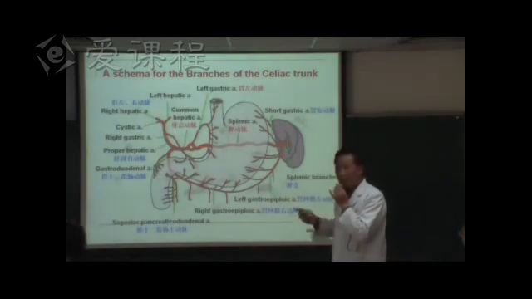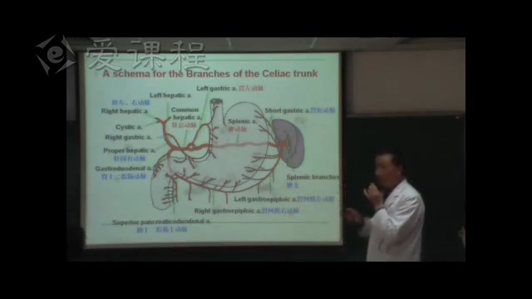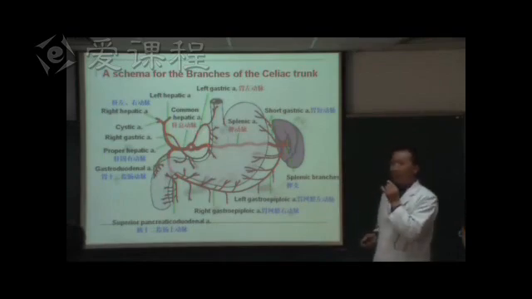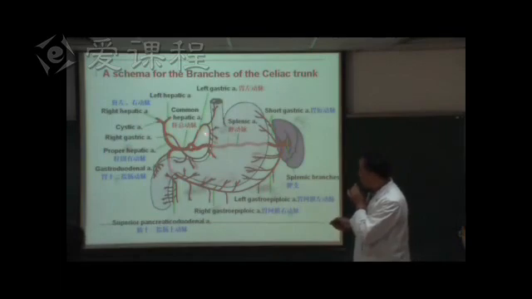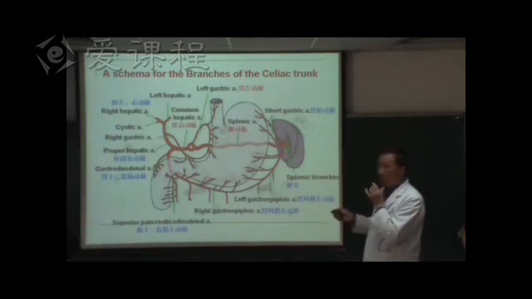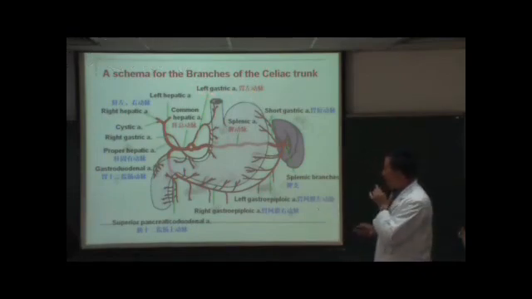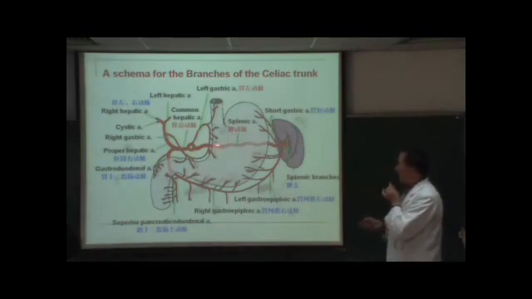It gives three primary arteries. One is this one. This is left gastric artery. Read it. Left gastric artery. And the second one is this one.